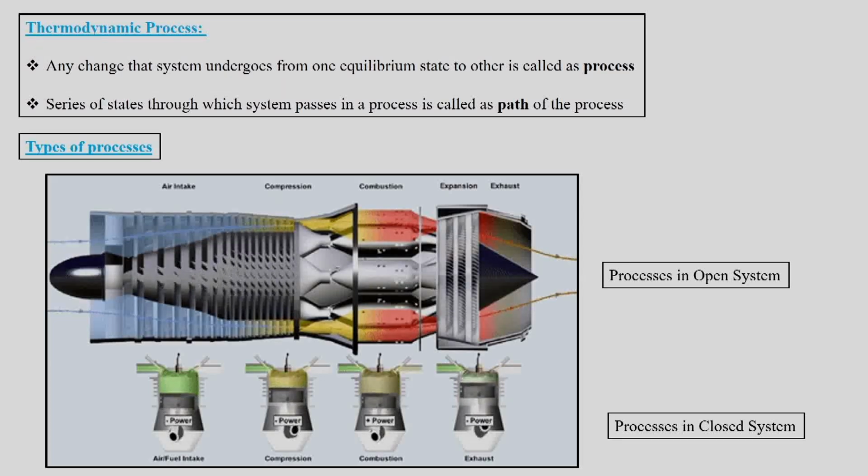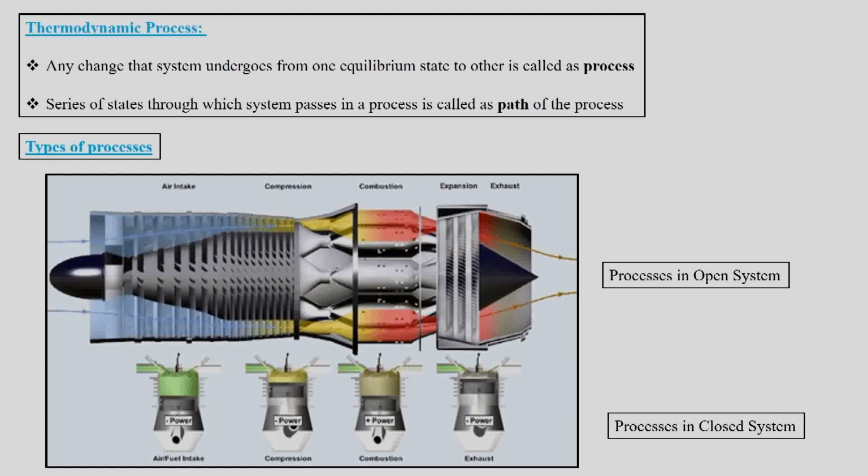So there will be a compression process in the compressor, but in the case of a closed system in the piston cylinder arrangement, the piston's upward motion would compress the gas. So the compression process in an open system would be undertaken by the compressor, but it is undertaken by the piston cylinder arrangement, as we can see here.